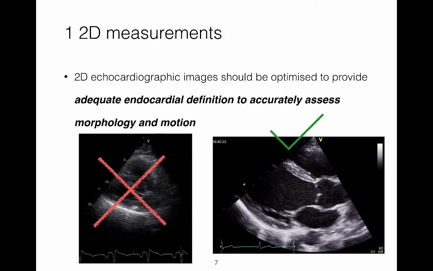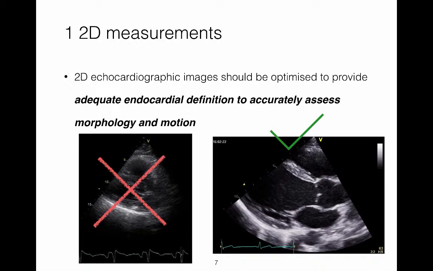2D images should be optimized to provide adequate endocardial definition. Only images with adequate endocardial definition enable the accurate assessment of morphology and motion.